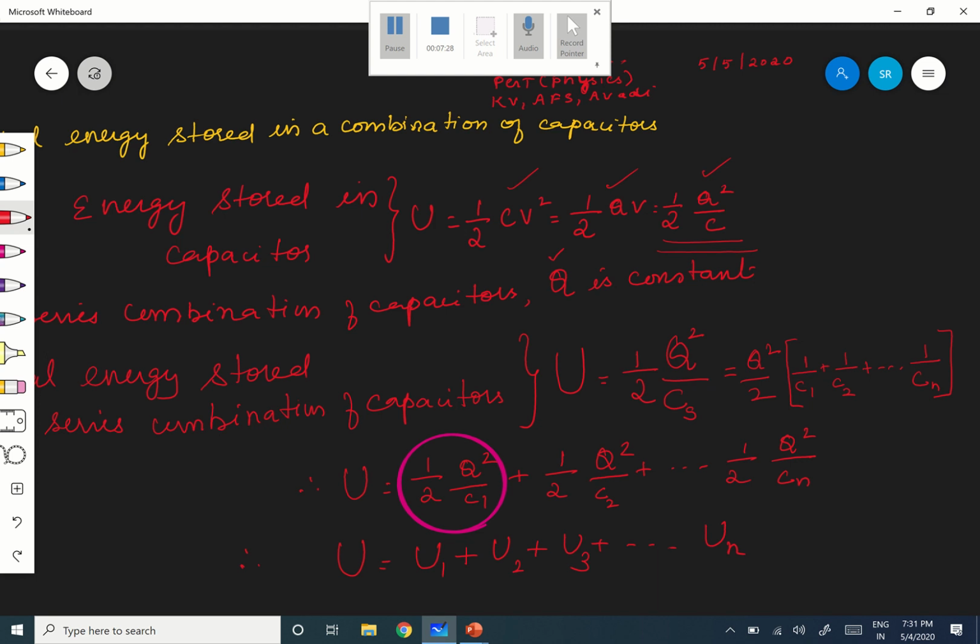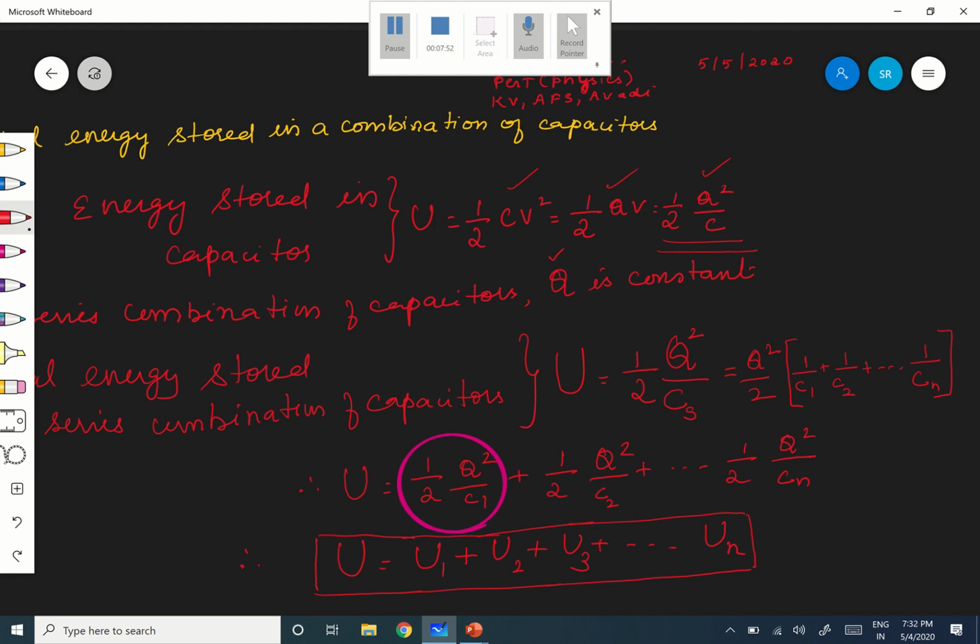This is a very, very important relation. When so many capacitors are connected in series, the total energy stored in the combination is equal to the sum of the energy stored in the individual capacitors.